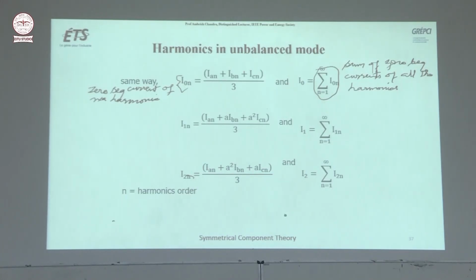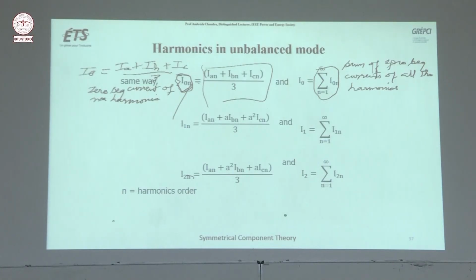Now you can find the zero sequence current of the nth harmonic. This is the same equation we have seen: I0 is equal to IA plus IB plus IC divided by 3. Only thing is that we have put the harmonic here, whether it is fundamental or third or fifth.